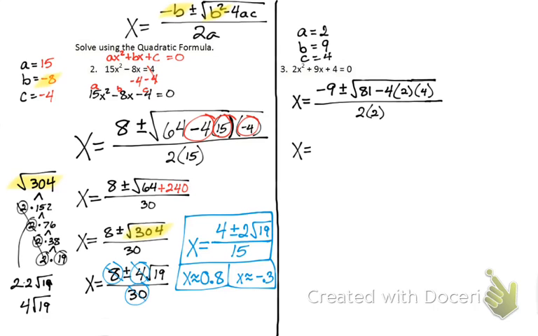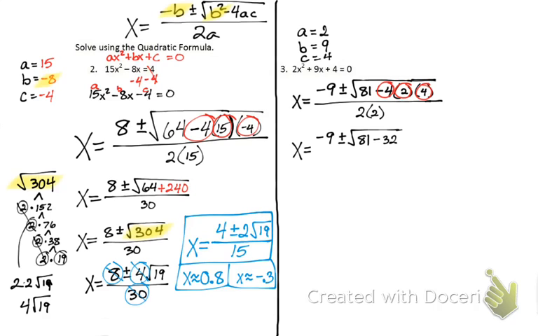X equals negative 9 plus or minus square root of 81, and then negative 4 times 2 times 4 is negative 32. And again, I got that by taking negative 4 times 2 times 4.